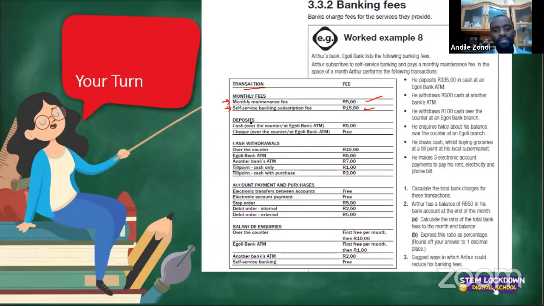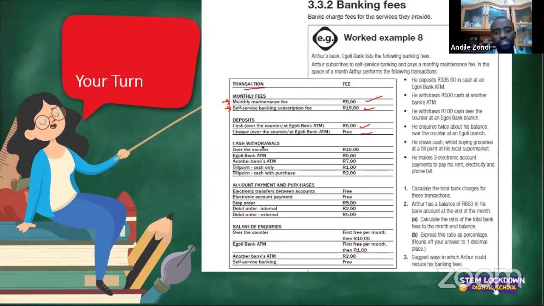And then for deposits, if you are depositing cash over the counter or at the ATM, you will be charged 5 rands. If you're depositing a check over the counter inside the bank or at the ATM, it is free.